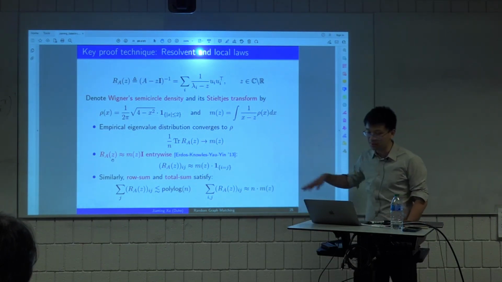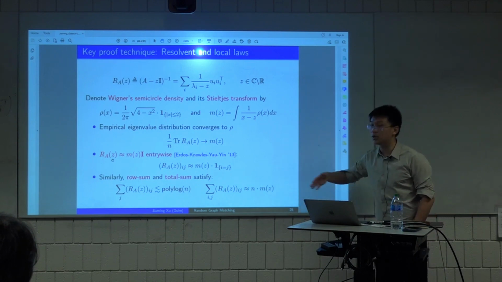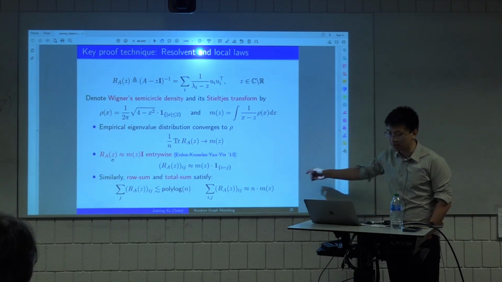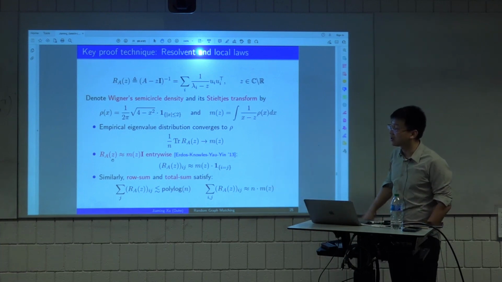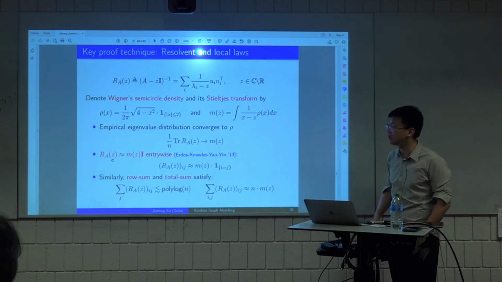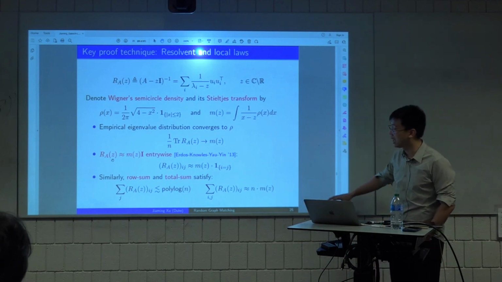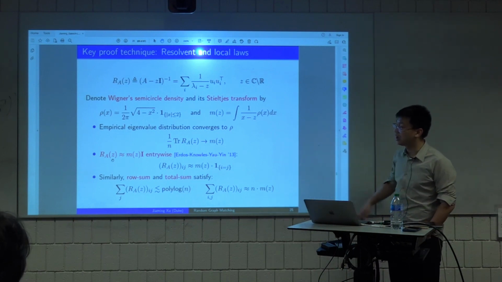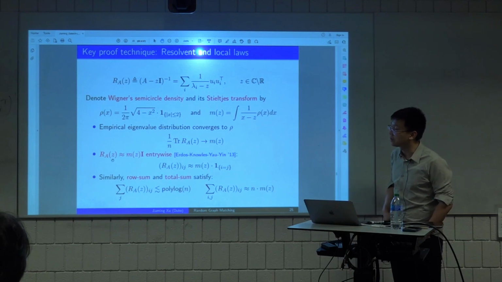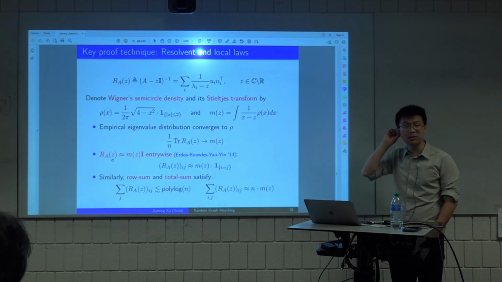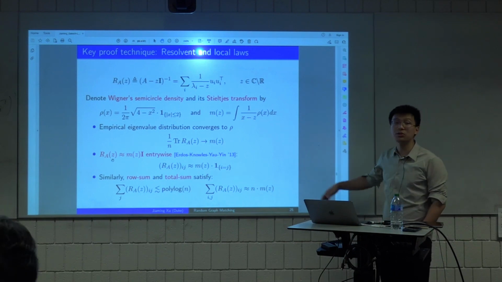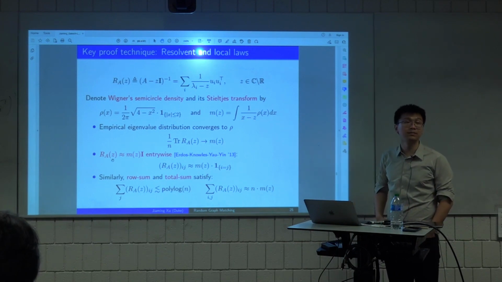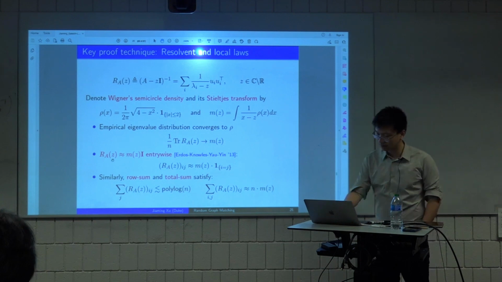If you look at the sum of all the entries, you should get the diagonal part, that's n times m(z). You can make this approximation more precise. They all hold with high probability, up to some error, maybe with some log factors, but that's something you can show using these local laws. We're actually going to use this to analyze the GRAMPA method. Any questions?